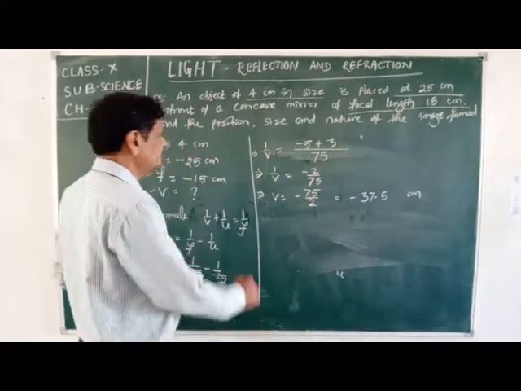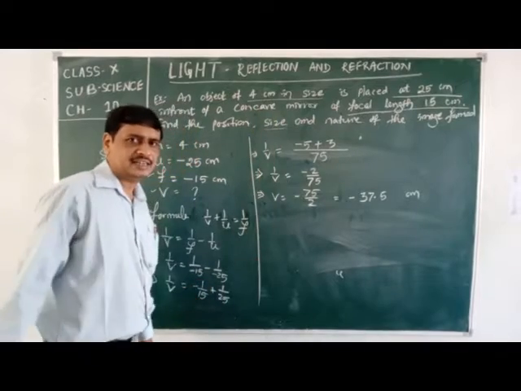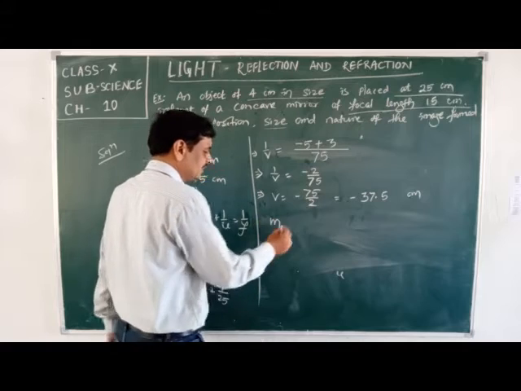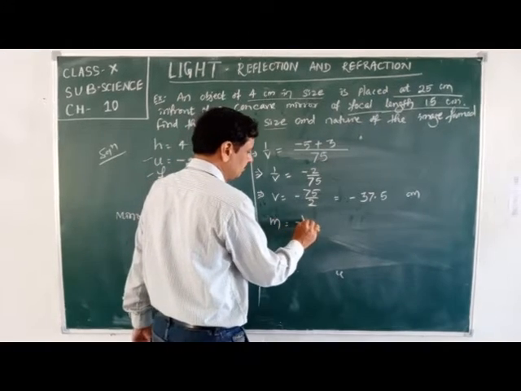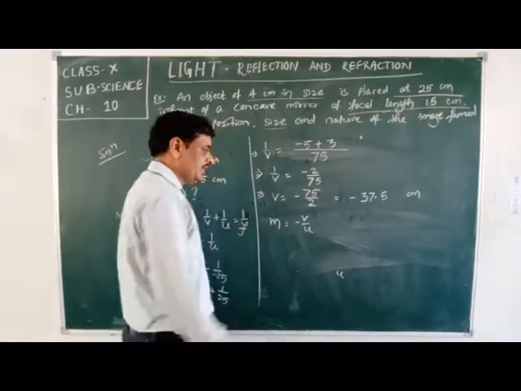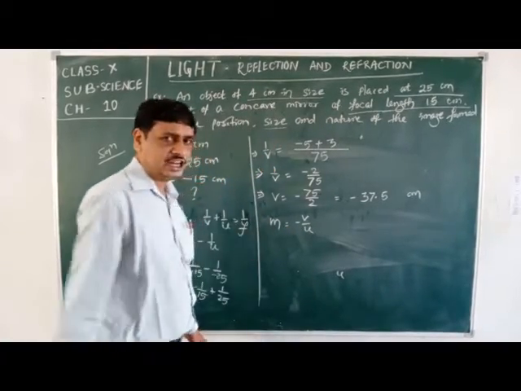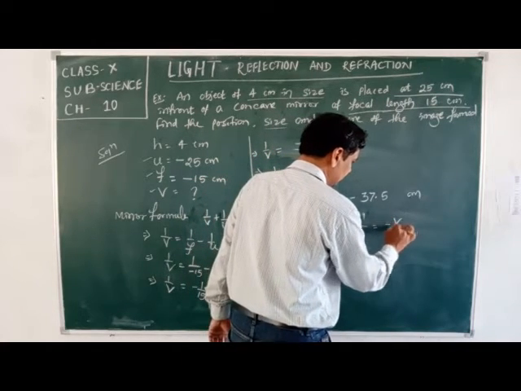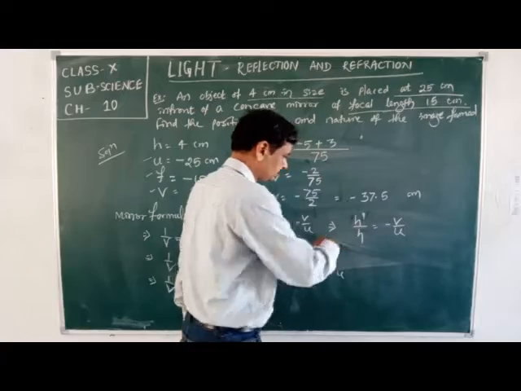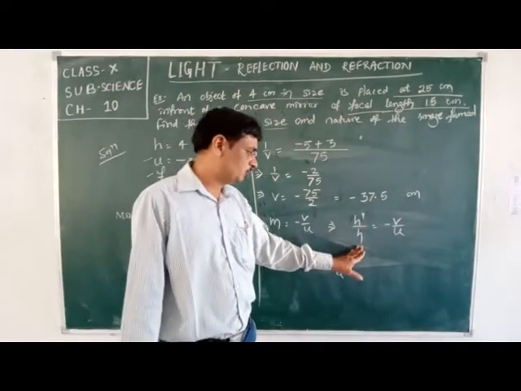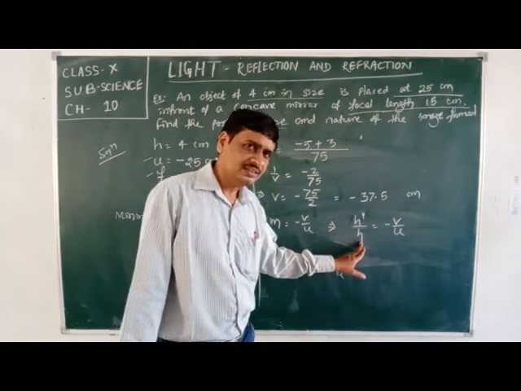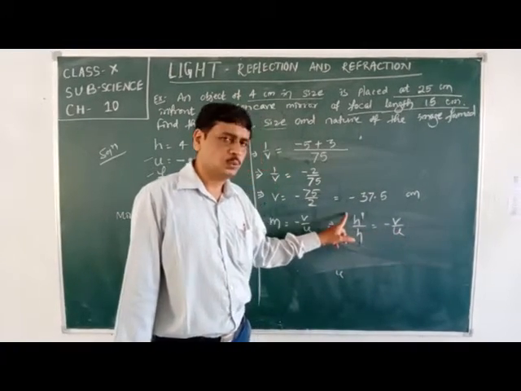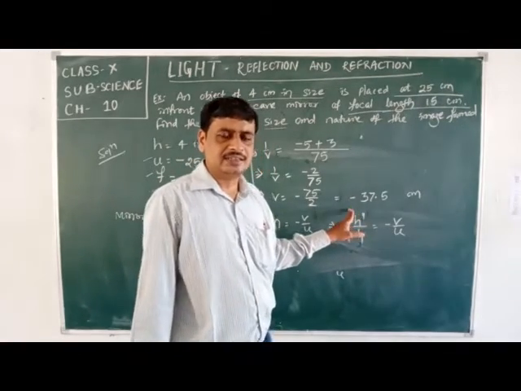Now we have to find the size, that is, magnification becomes minus of v by u, and magnification can also be written as h dash by h is equal to minus of v by u. Now we can put the values of size of object, image distance and object distance. We can find the size of image here.